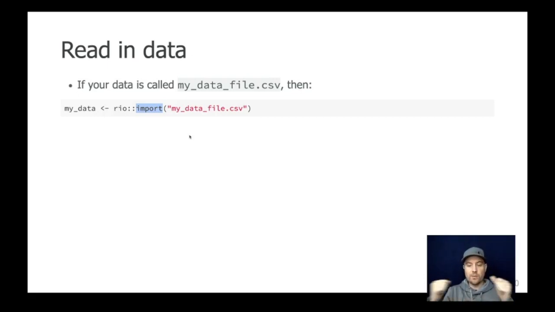What that does is it opens the box and dumps out everything that's inside of it so we can use all of it. What this is going to do is it's just like reaching into the box that is the rio package and just grabbing import. That's it. We're leaving everything else in there. We're just grabbing import and just using it one time. So after we use it, then we just put it away.